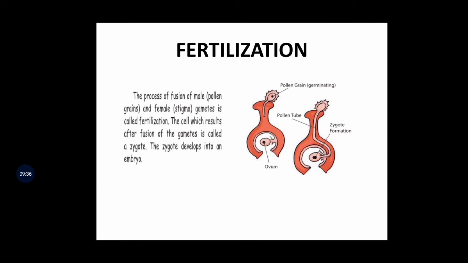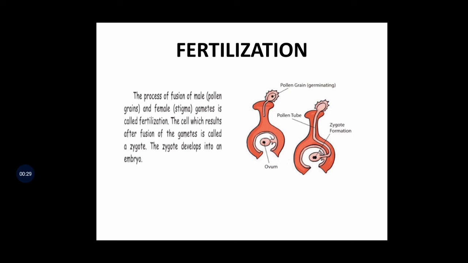The next process. Dear students, after the process of pollination, fertilization takes place. What is this fertilization? Fertilization is a very easy and simple process. It is a process of fusion. Fusion means mixing of male and female gametes.